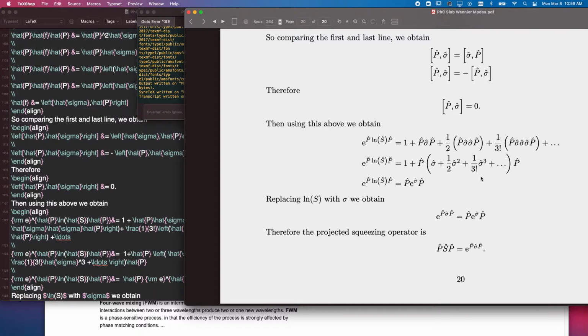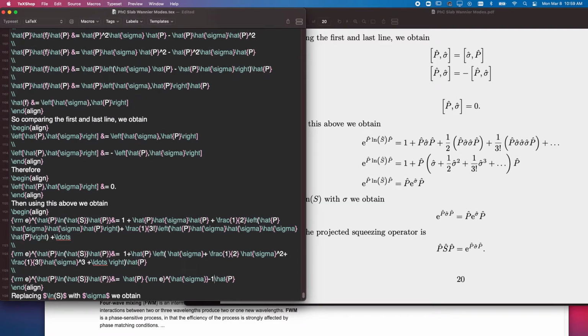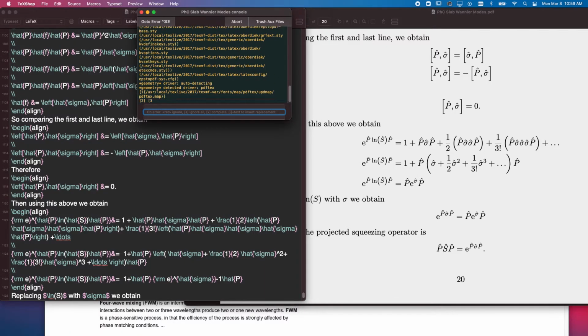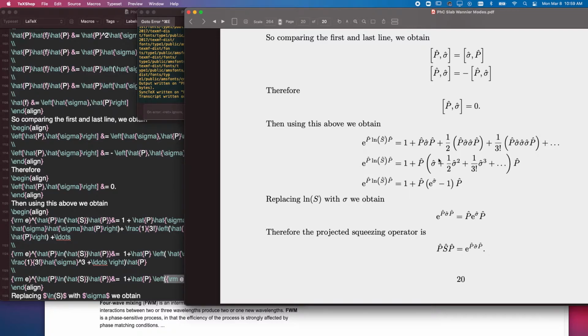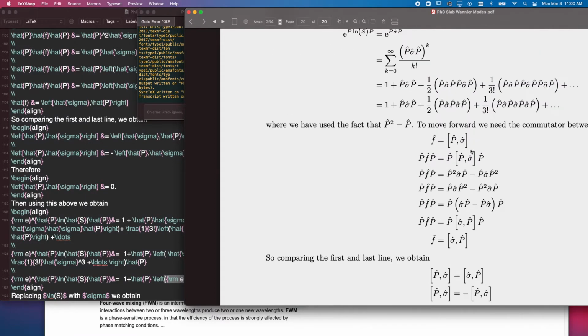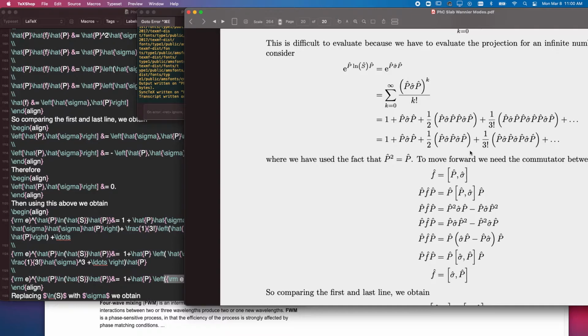So my mistake originally, my mistake was this was p times p here, where it should have been a 1.